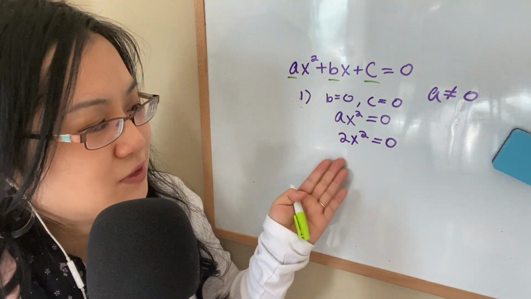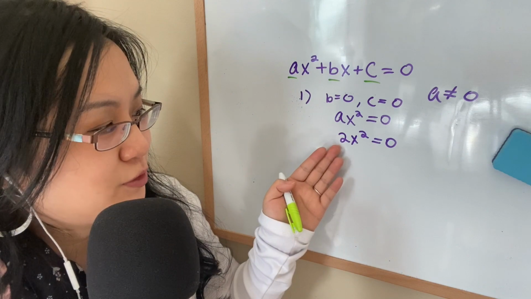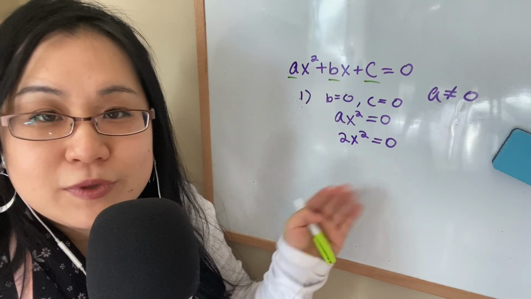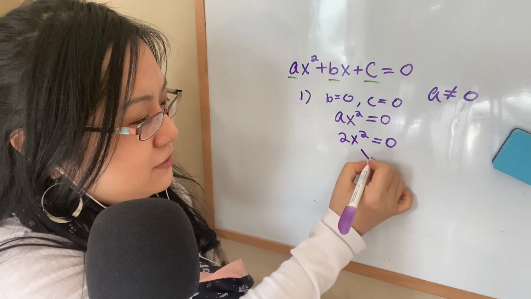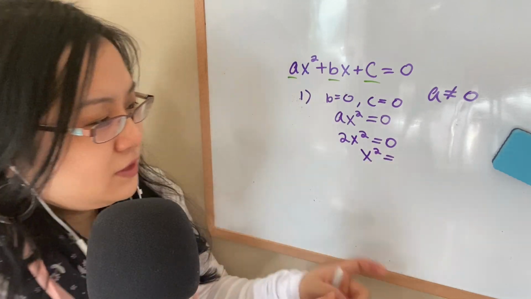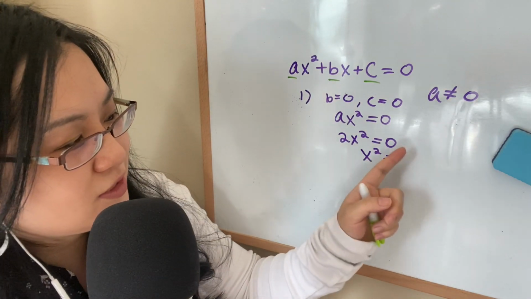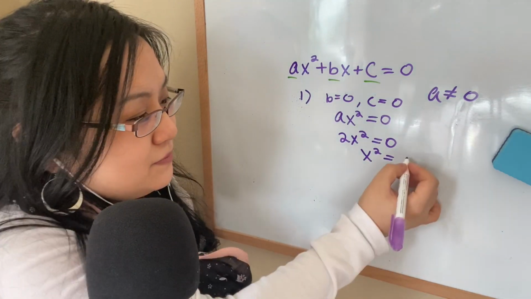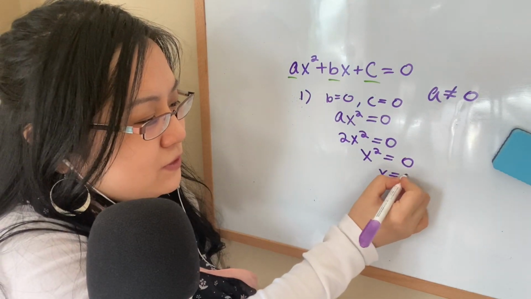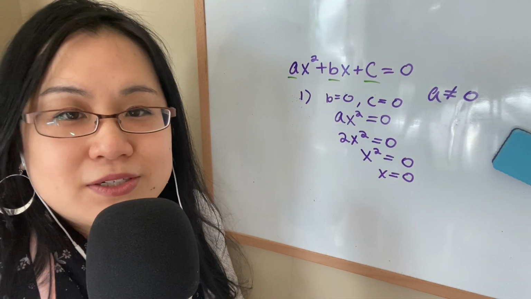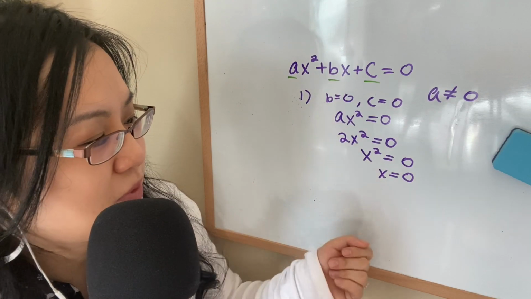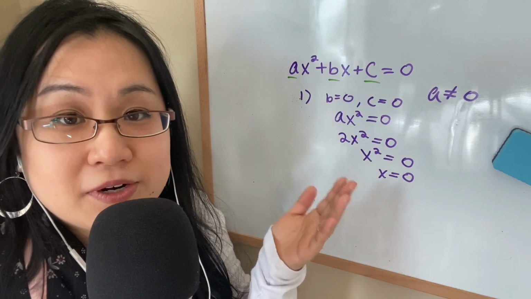2x squared equals 0, so we would just move the 2 over, dividing by 2 on both sides, right? If you divide by 2 on both sides, 0 divided by 2 is 0. So x is just going to be 0. The only way for something squared to be 0 is 0. 0 squared is 0.